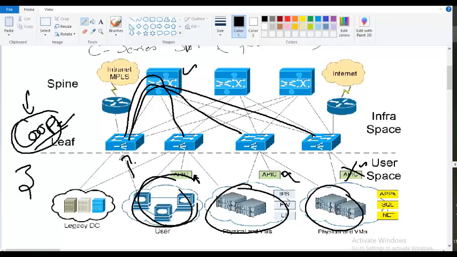This collected COOP information is exchanged to all other leaves. The information collected in one leaf is exchanged to all other leaves via ISIS by this spine. So the spine works like an RR, route reflector, for all the leaves.